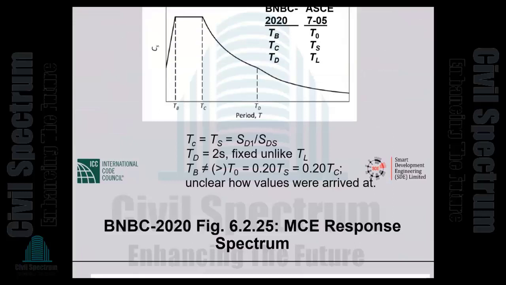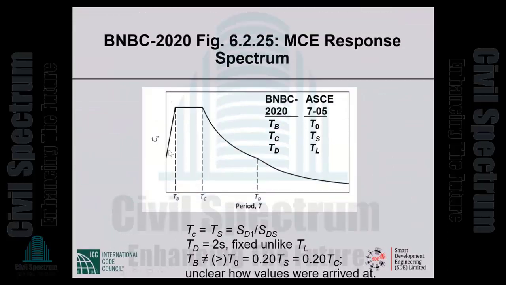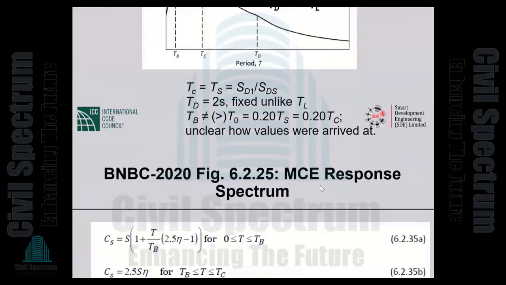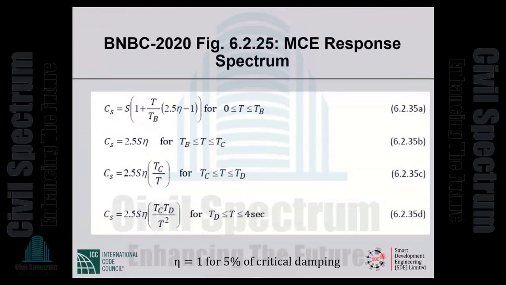The equations for these branches, this is not a branch, the equation for this ramp, the flat top, this branch and that branch are given in BNBC 2020. I have given you section numbers and equation numbers. All of that took a lot of time, but I think we'll find it valuable because it's not easy to locate things in the code.